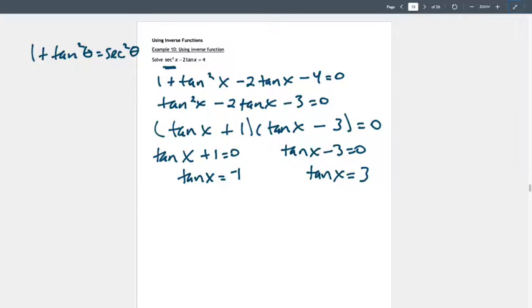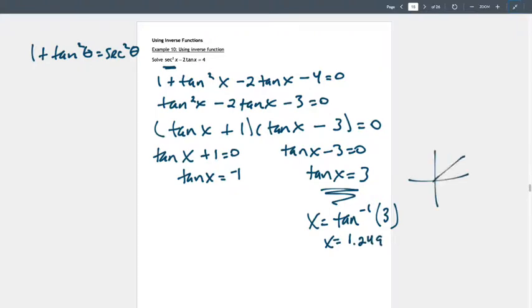Okay, so if I were going to do inverse trig, what that means is this one is not on the unit circle. So you would have to do x equals tan inverse of 3. If you were allowed to use a calculator, you would get that x equals 1.249. And that's going to give you this reference angle in the first quadrant, which is where tangent's positive, so that would work for this one.